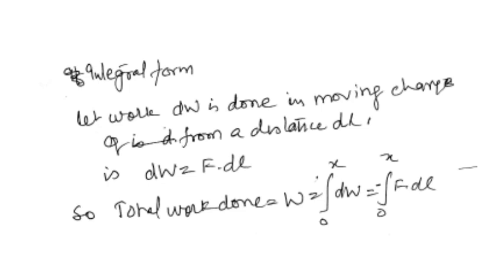If the force is uniform, our formula is right. Work is equal to F times d. But in a practical case, the field is not uniform. So we have to move to the integral form of this.